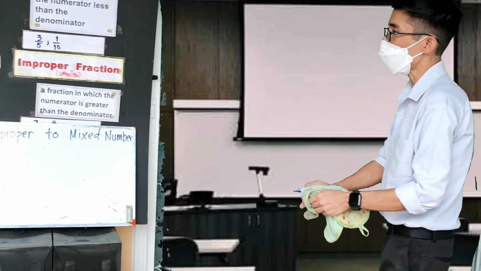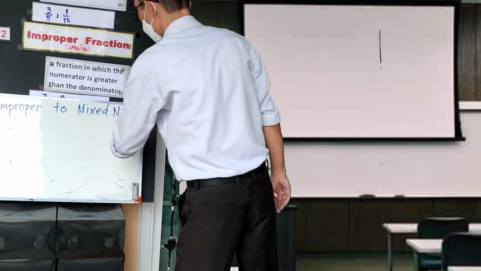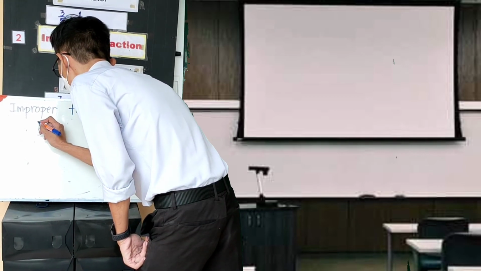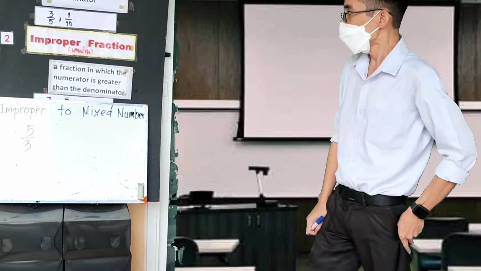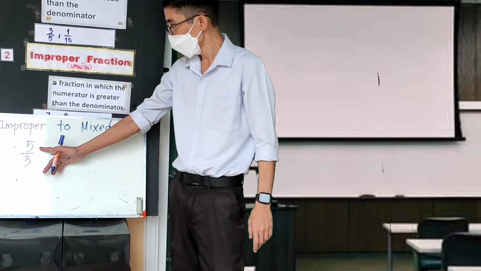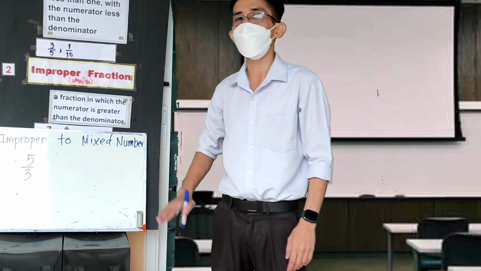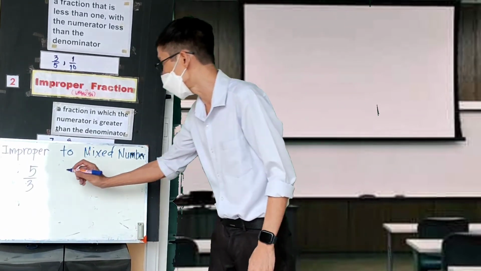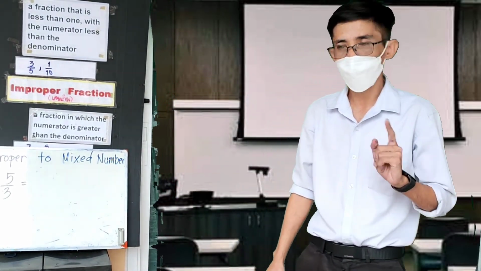So we have converting improper to mixed number. Suppose we have 5 over 3. Okay? So 5 over 3 is an example of an improper fraction. Now, if we convert this to a mixed number, these are the steps that we need to do.